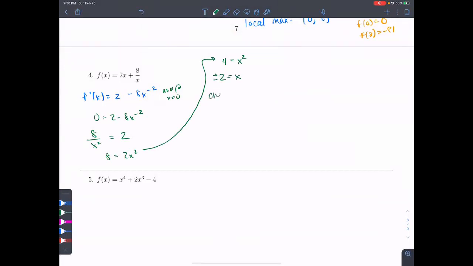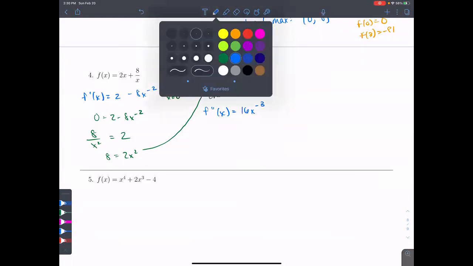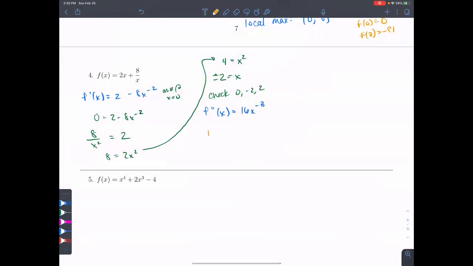So we need to check 0, -2, and +2. We need to find f double prime first. So that would be 16 x to the -3. Okay, so f double prime of -2, f double prime of 0, and f double prime of +2.